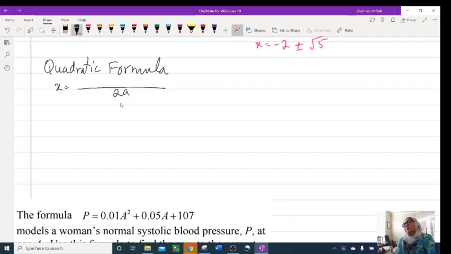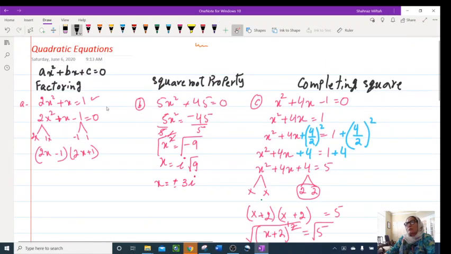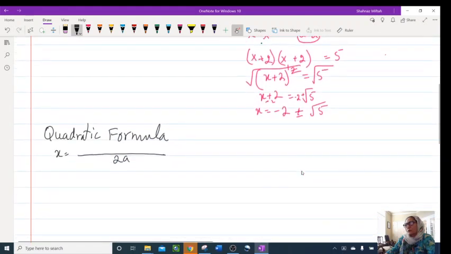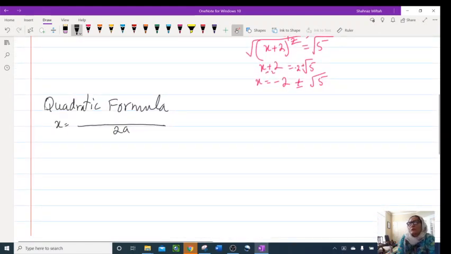Actually, the quadratic formula is so cool because you can solve any type of question. Do you see this question like that one? You can also use the quadratic formula on it. You can use the quadratic formula on any question and solve it. This is the quadratic formula.